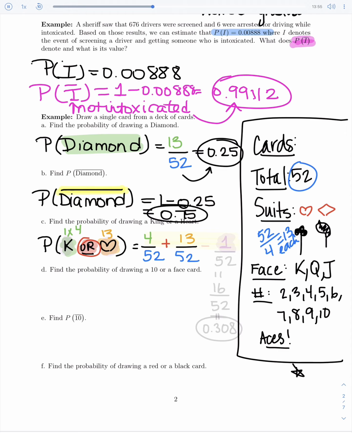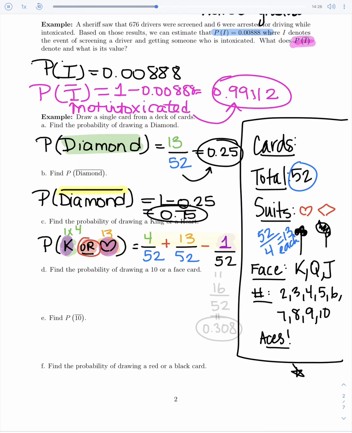There may have been a card that was counted twice, so we need to subtract anything that got counted twice. There was one card that got counted twice, the card that fits in both categories. That's the king of hearts. There's only one of those in a deck of cards, so 1 out of 52.